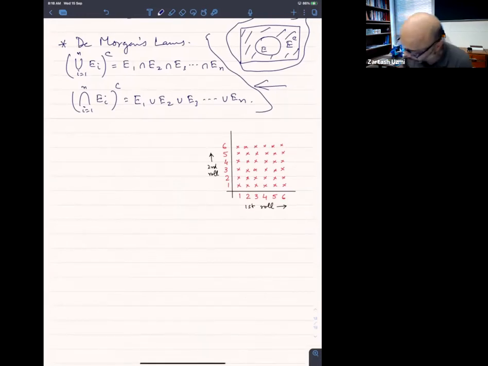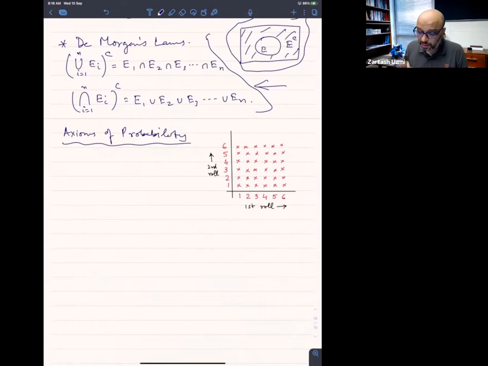Now I'm going to talk about what we call axioms of probability. There are many theorems in probability that we will prove, or you may have seen in an earlier class. But what are these axioms?